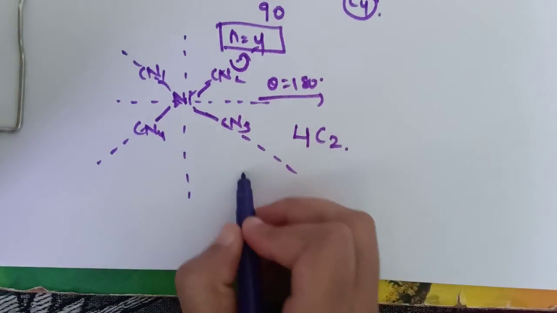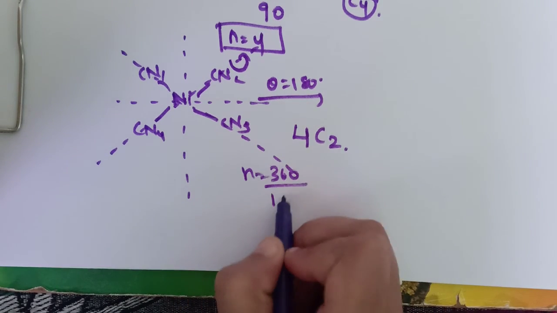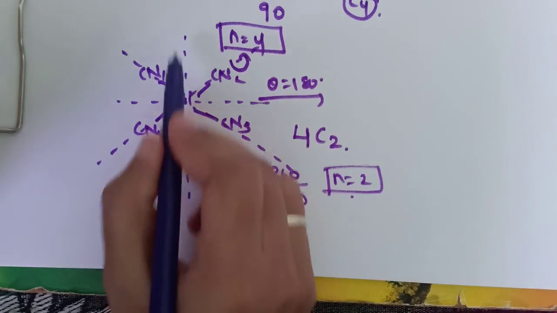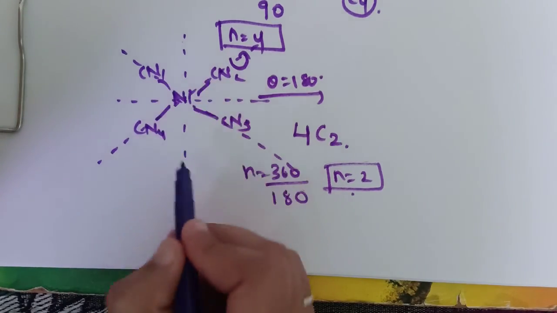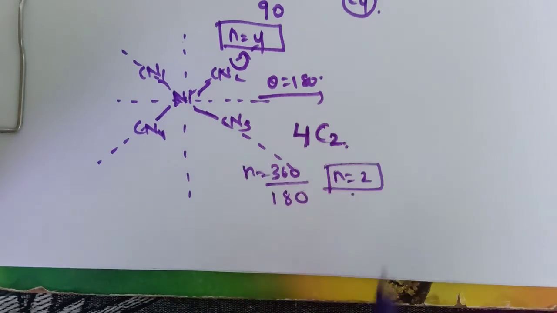That means n is equals to 360 degree by how much? 180 degree. That means n is equals to 2. How many imaginary axes of symmetry am I passing here? That is 4. 4 C2 are possible for NiCN4.